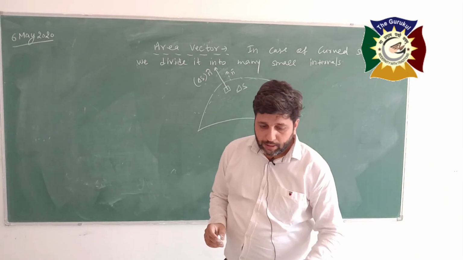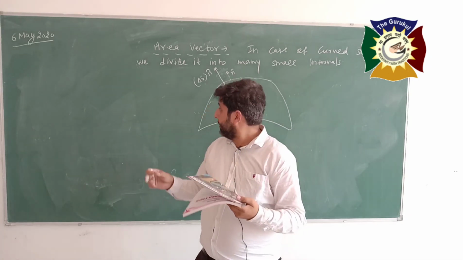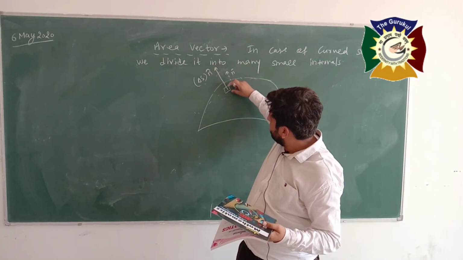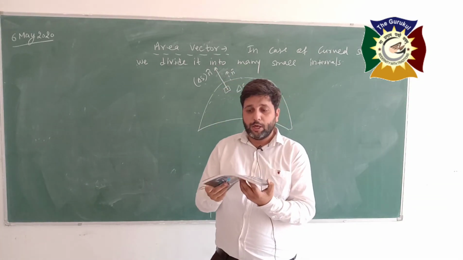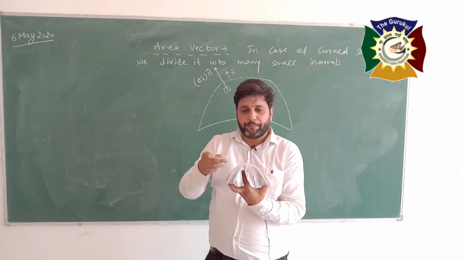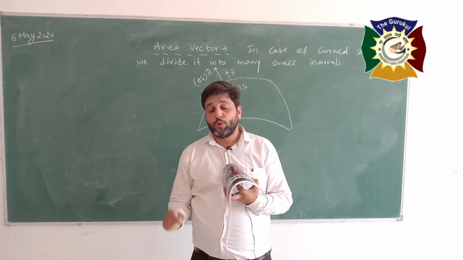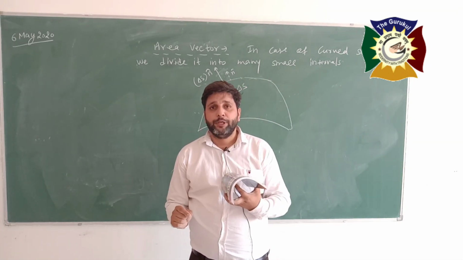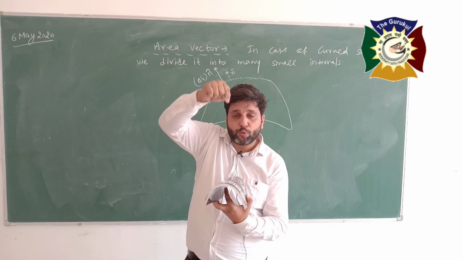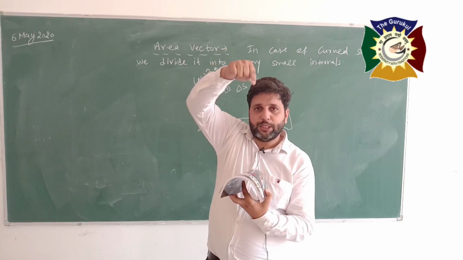Now beta listen. I told you that the direction of the area vector is perpendicular to the surface. Now you will say, sir, perpendicular may be in this direction, perpendicular may be in the downward direction. So I am telling you, by convention, the perpendicular is taken outward from the curve in this way.